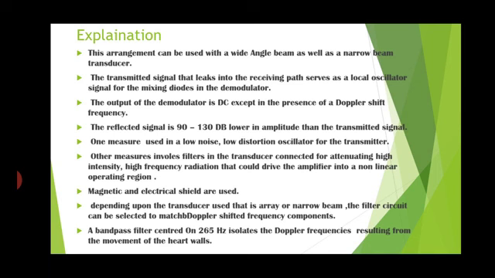The filter circuit can be selected to match Doppler shifted frequency components. The bandpass filter centered on 265 Hz isolates the Doppler frequencies resulting from the movement of the heart valves. So using this we can measure the fetal heart rate easily.